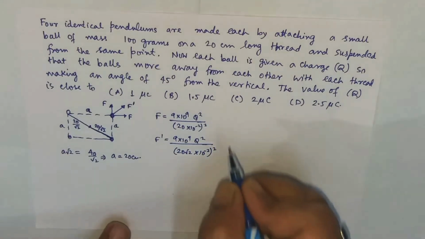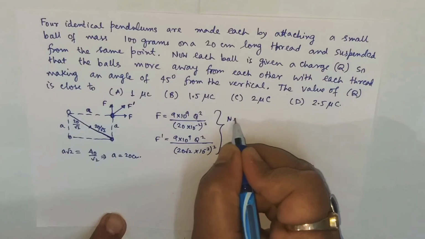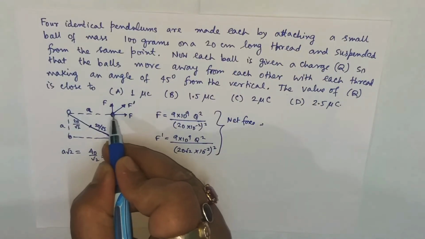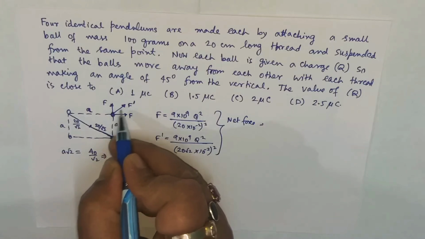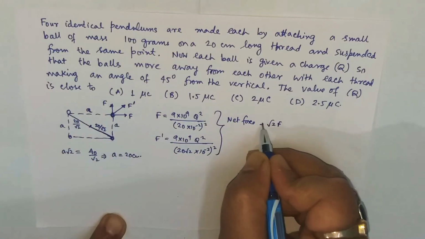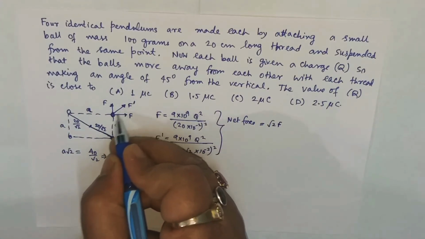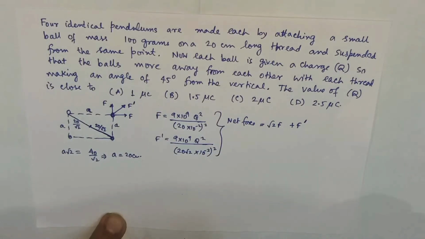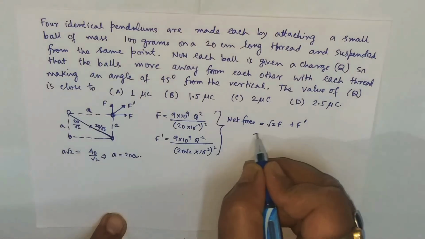Then what is the net force? Just observe, the net force will be equal to the resultant of F and F, which are acting at 90 degrees. It will be root 2 F, and this F dash is already oriented in that direction, that is root 2 F plus F dash. Let's put the value.